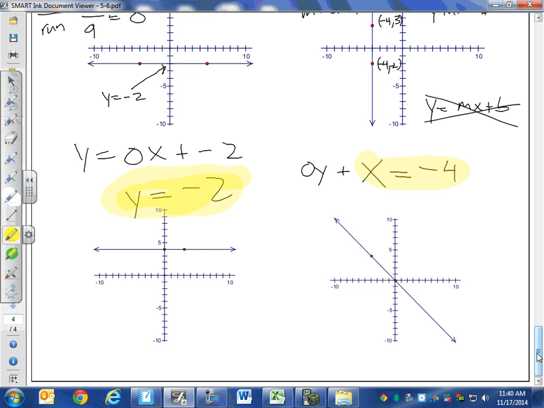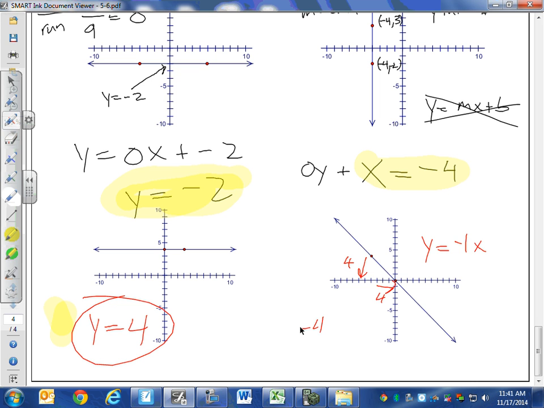Miss Newton, what is the equation of this line on the left? Good. And what did you get for this one again? Perfect. The slope is down 4, right 4, so that's -4 over +4.